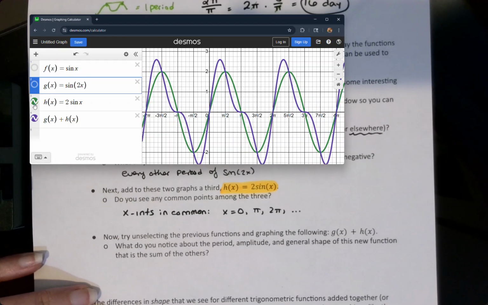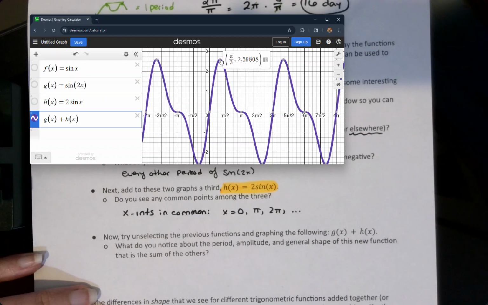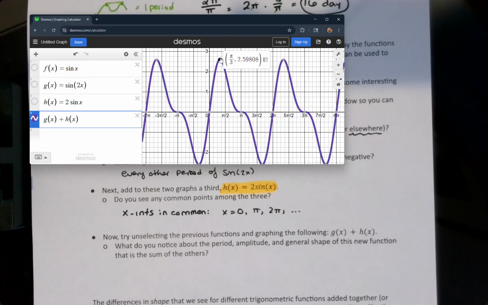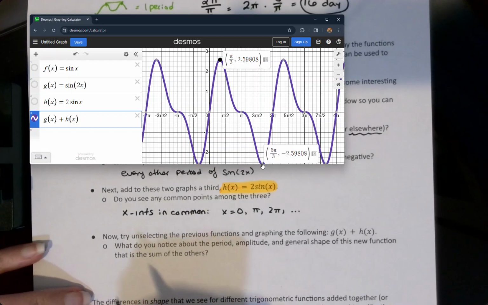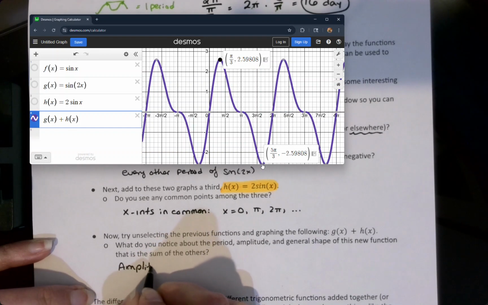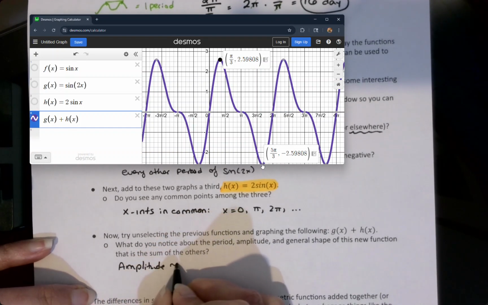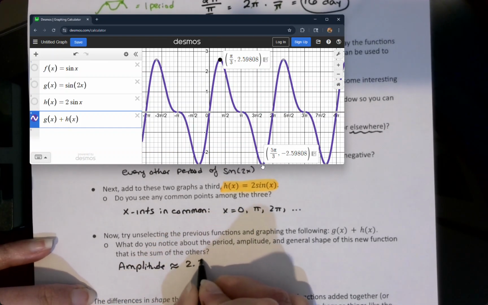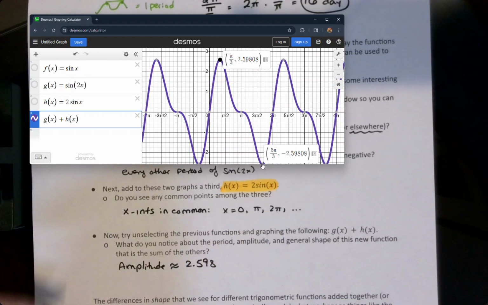I don't know what it is in terms of an exact number. But what I would need to do is figure out the pi thirds coordinates of each of those if I wanted the exact value. Okay, but the amplitude is something along the lines of 2.598.